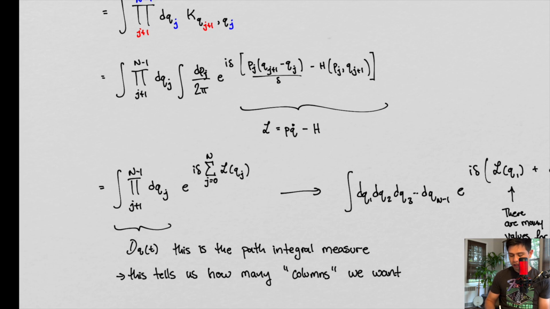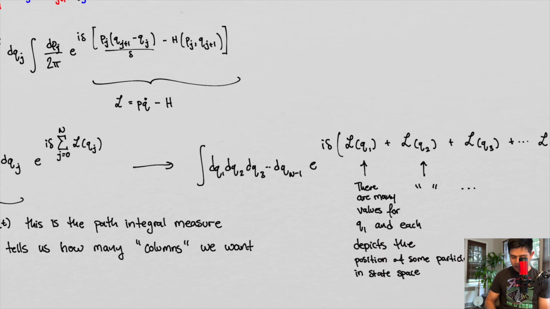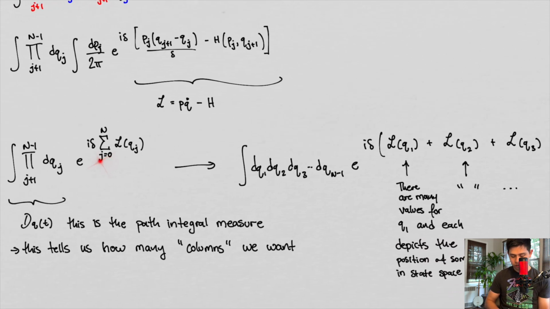So this is really just our Lagrangian, right? What's in our bracket here is really just a Lagrangian. And we can also replace the summation here with an integral in the exponent. And what we get is this right here. If we flesh this out in its entirety, we're summing over Q_j's, right?